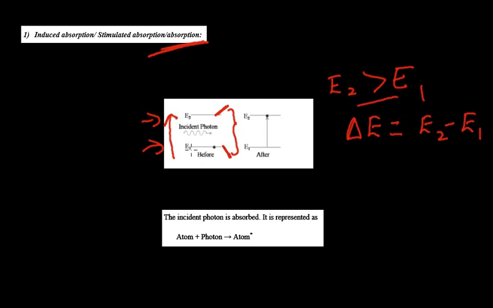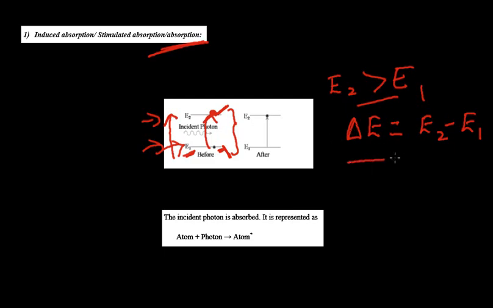Now the atom lies here initially in the ground state. Now what happens is when any photon, which means a bundle of energy, is incident on it, this atom will absorb this photon and it will become excited and jump into the excited state, which means the E2 energy level.